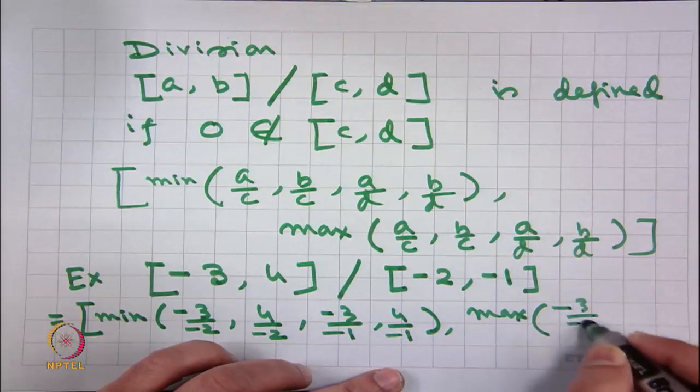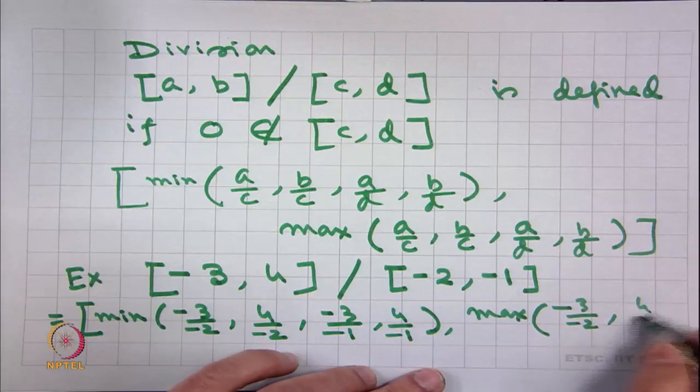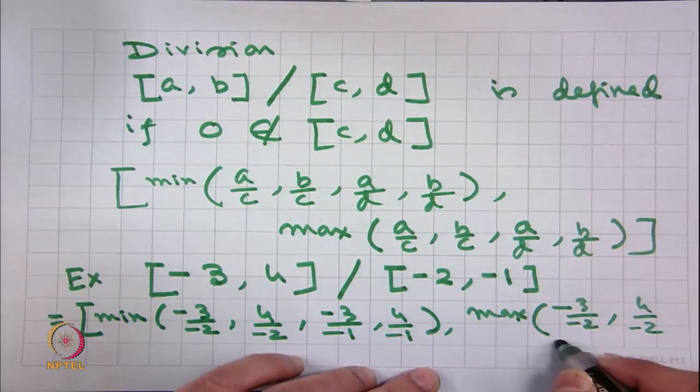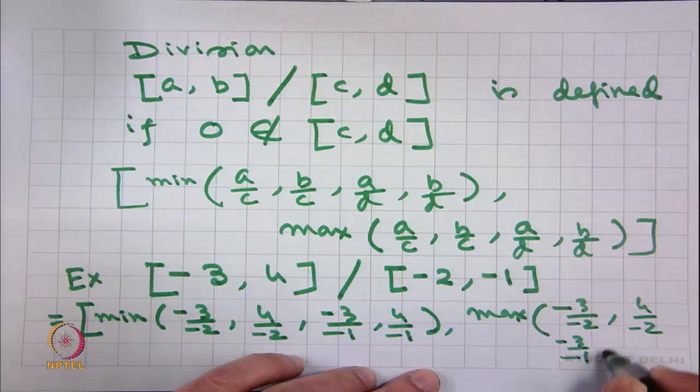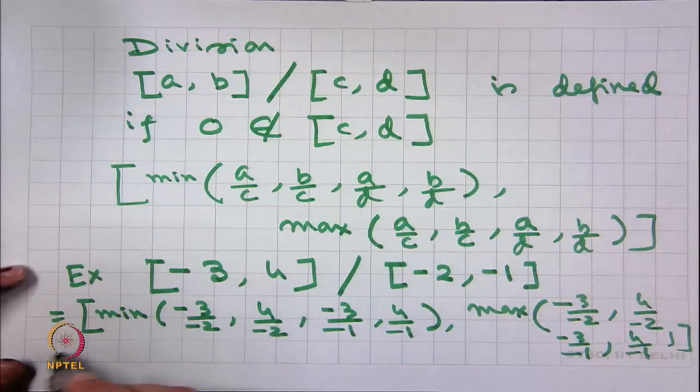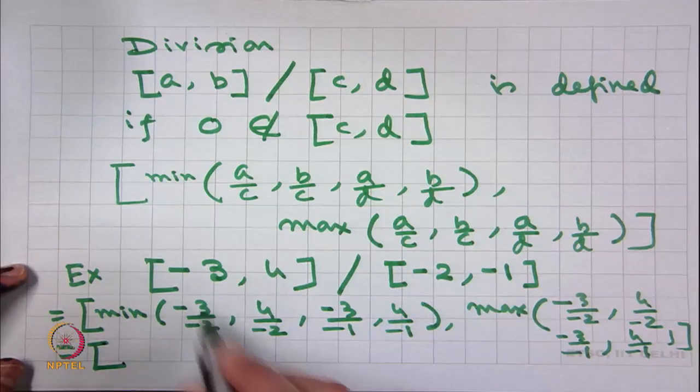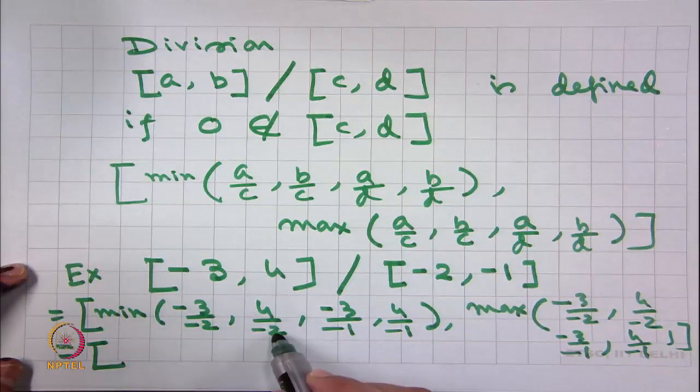So, this is 3 by 2, this is minus 2, this is 3, this is minus 4.